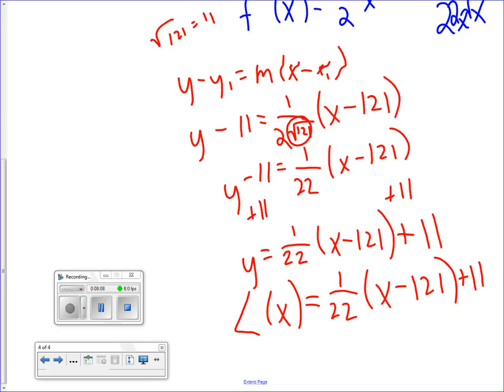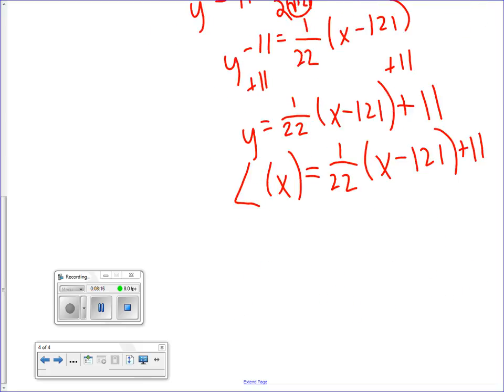Because 123 is so close to 121, let's figure out what the output of 123 is on the linearization. I'm going to input 123 on the tangent line. That's a 1.